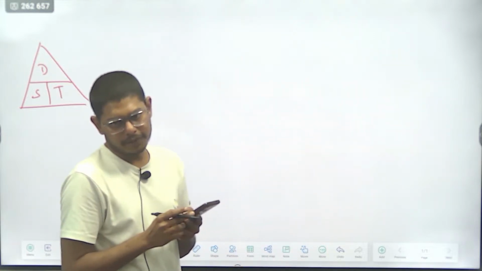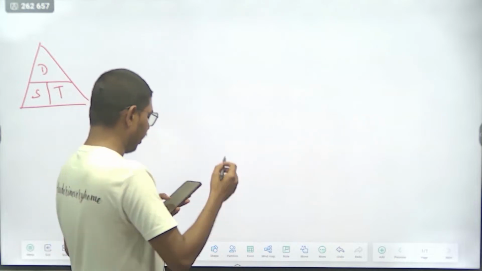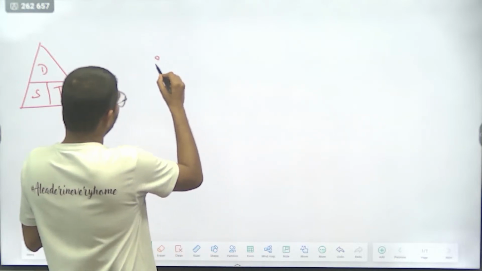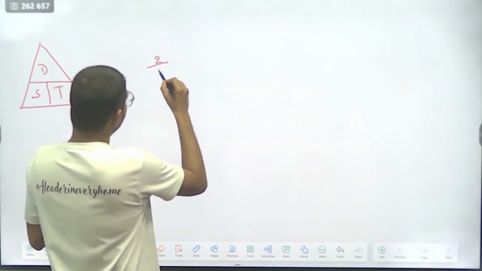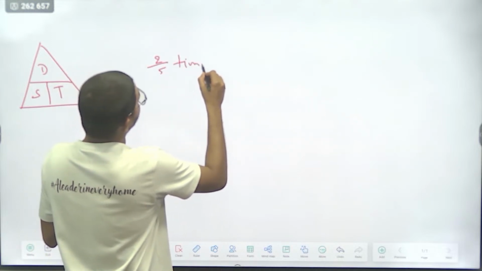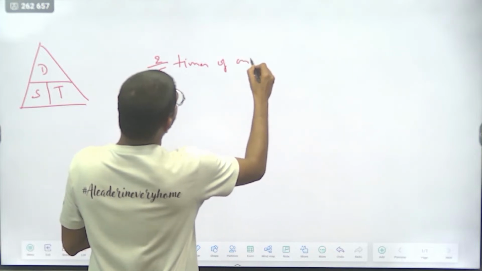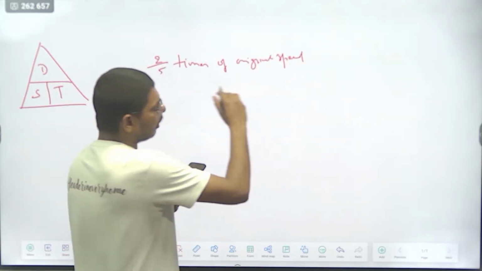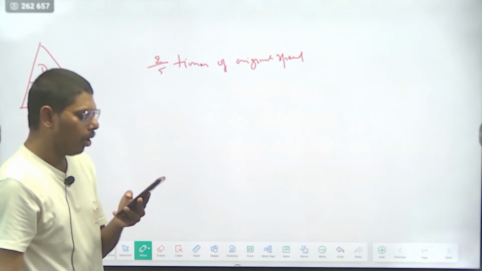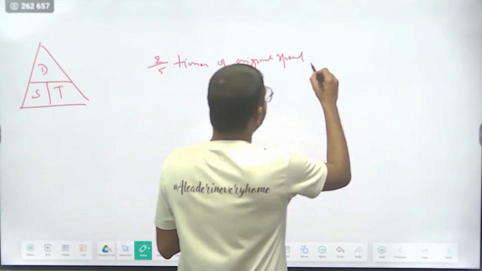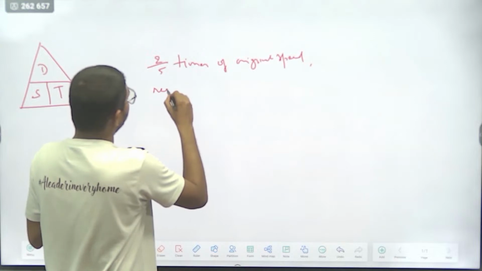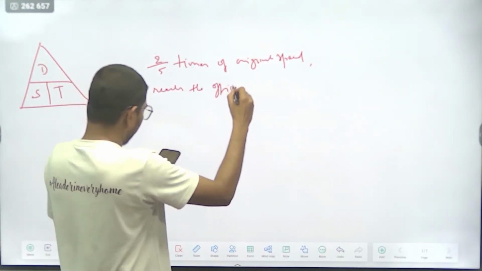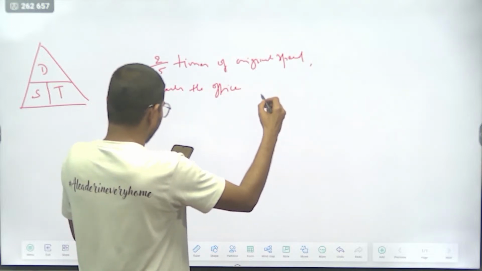You can write it down somewhere. If a man travels at 2 by 5 times of his original speed, he reaches the office 15 minutes late.